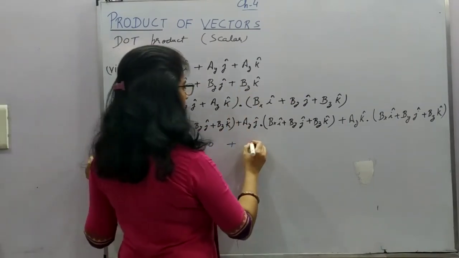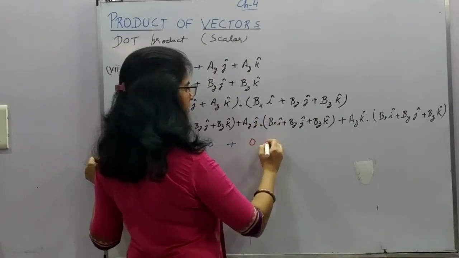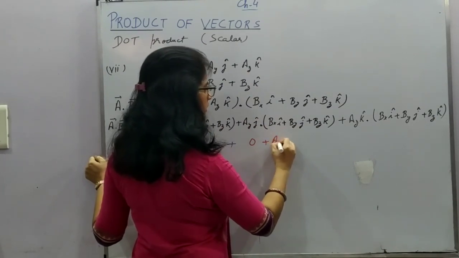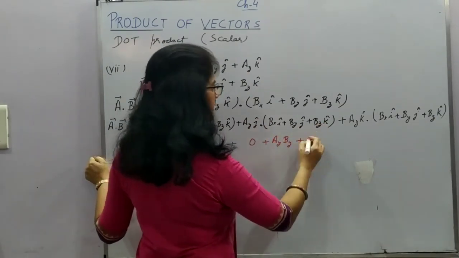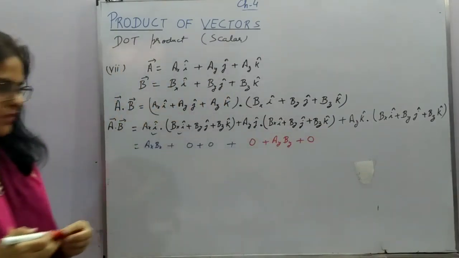Similarly here, this is the first part, j dot i is 0, so this part will be completely 0. j dot j is 1, so I can write their coefficient Ay By, plus j dot k is 0, so Ay into Bz will also be 0. Right?